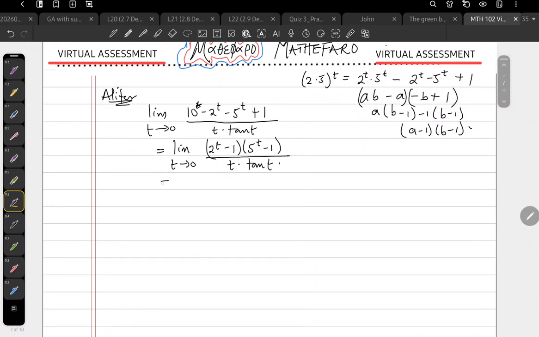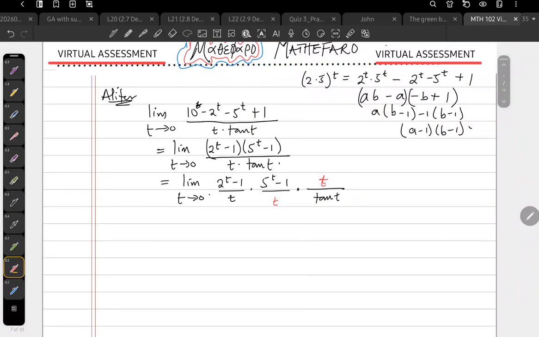So this is equal to the limit as t goes to 0 of 2 to the power of t minus 1 over t times 5 to the power of t minus 1 over t times t over tan t. I have done some manipulation there to introduce a new t.